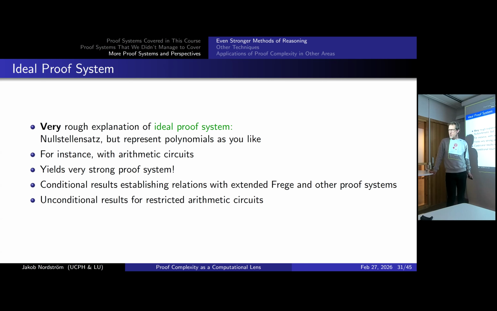There are some conditional results that basically relate extended Frege and the ideal proof system and lower bounds. There are some unconditional results where you limit what type of arithmetic circuits you're allowed to use, where there have been papers by researchers like Nutan Limaye and Srikanth Srinivasan, I think is claimed to be the state of the art.